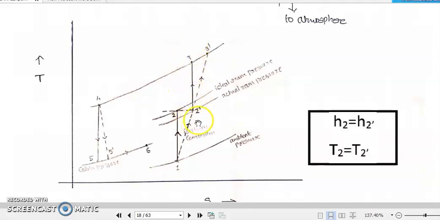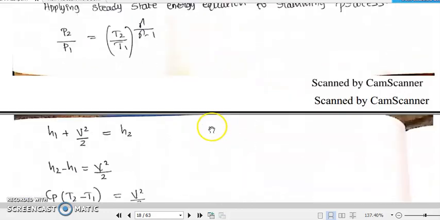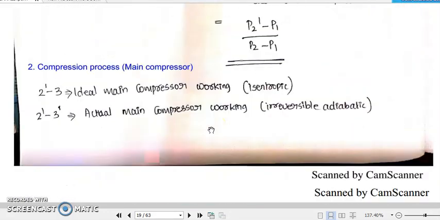So instead of an ideal compression process, we will assume an irreversible adiabatic compression process.